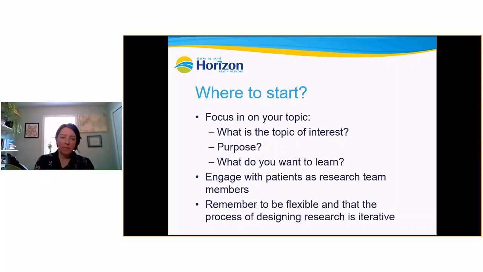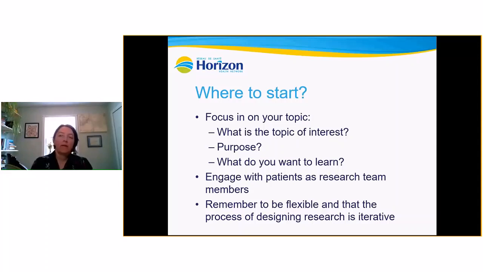And I think also remembering to be flexible, that the process of designing research is usually iterative, because it's often based on feasibility, or should be based on feasibility. And as you'll see, especially within qualitative research, it is meant to be truly iterative and reflexive.